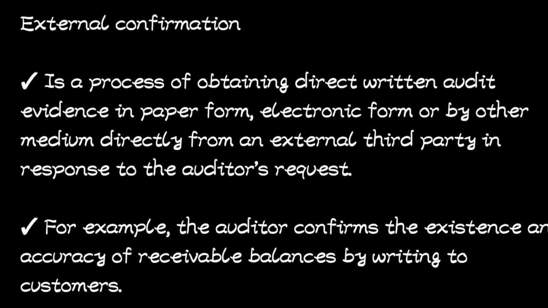Or in case the business has payables, the auditor sends emails to those people to see if they really exist. That is external confirmation. Or in case a business got a loan, the auditor calls the loan giver to see if they really gave the organization a loan, how much, and when they are supposed to pay. Things like that. So that is external confirmation.